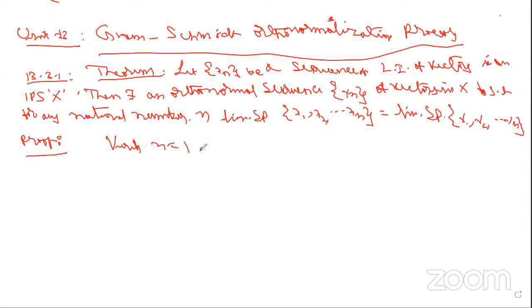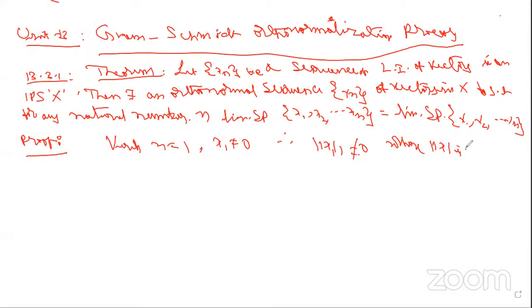So x1 is not equal to 0, because a linearly independent set cannot contain the zero vector. Therefore, the norm of x1 is not equal to 0, where the norm is on X, induced by the inner product.